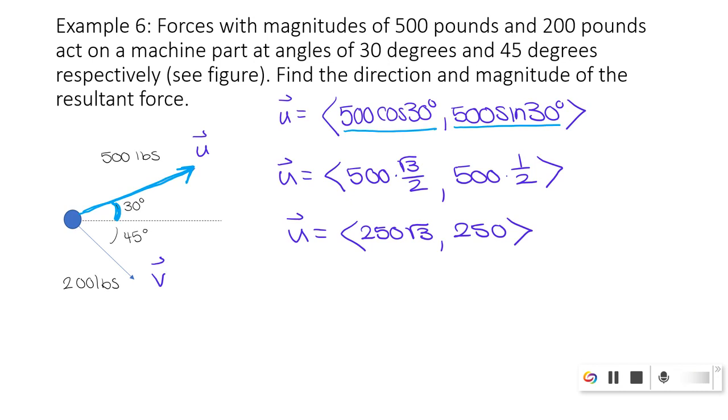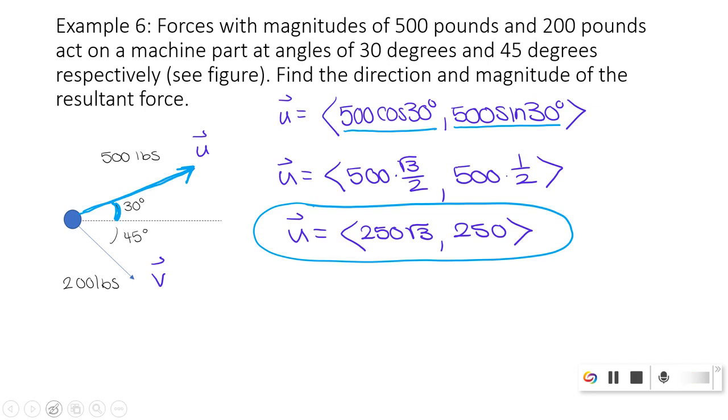That's just using that SOHCAHTOA from one of those earlier slides. So doing some computations, I ended up getting that vector u simplifies down to the horizontal component would be 250 root 3, and the vertical component would be 250.